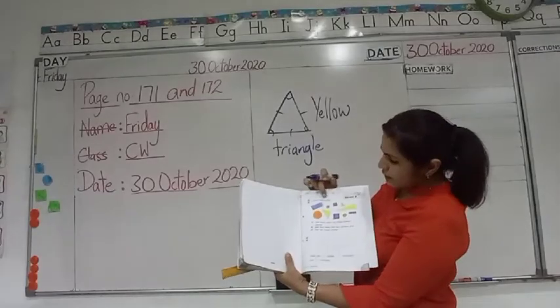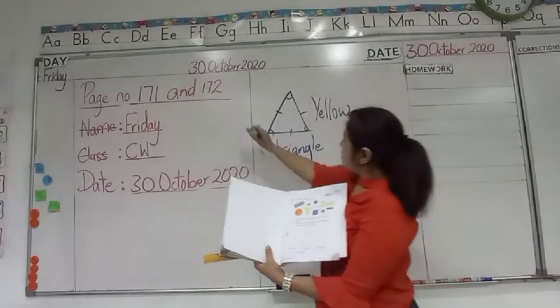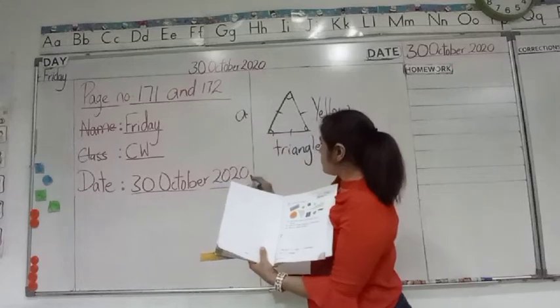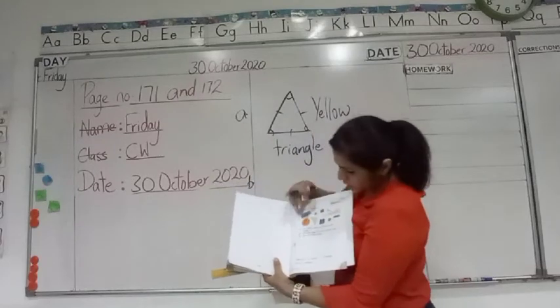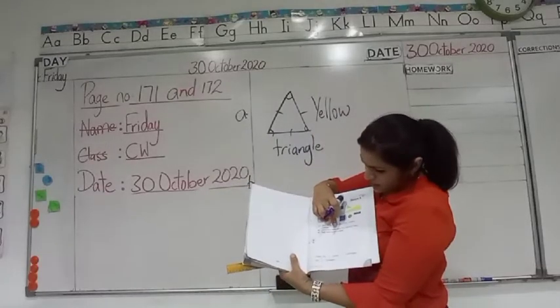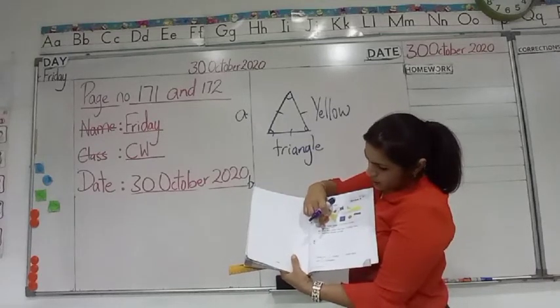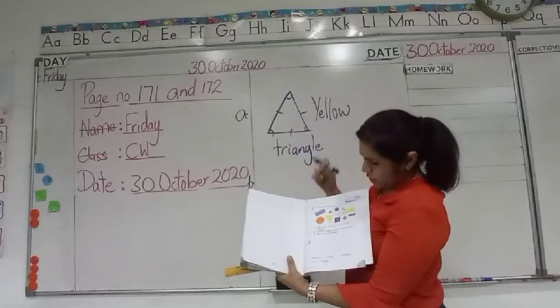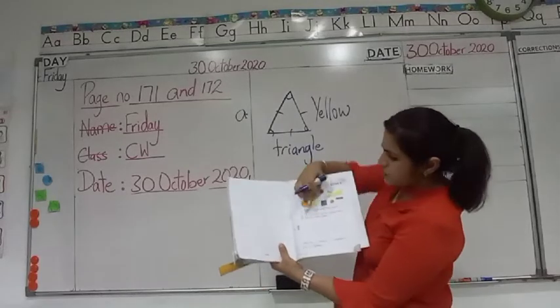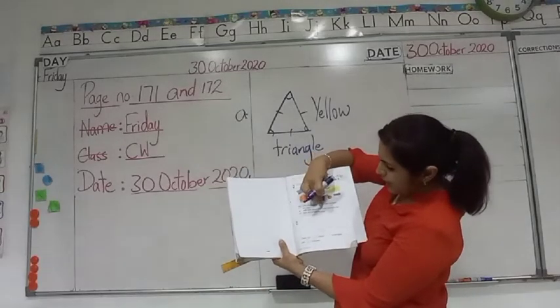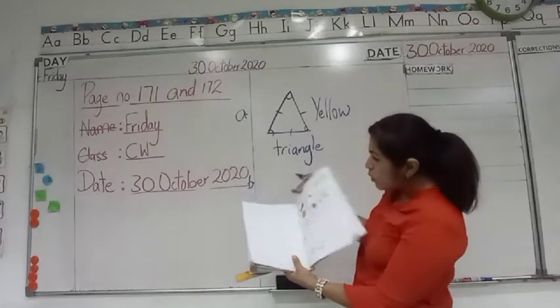Next, color the shapes. Letter B. This is A. What is B? With 4 sides and 4 corners blue, and those that are round orange. Okay, color the shapes with 4 sides and 4 corners blue.